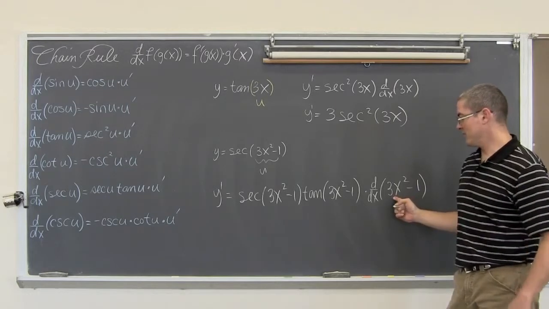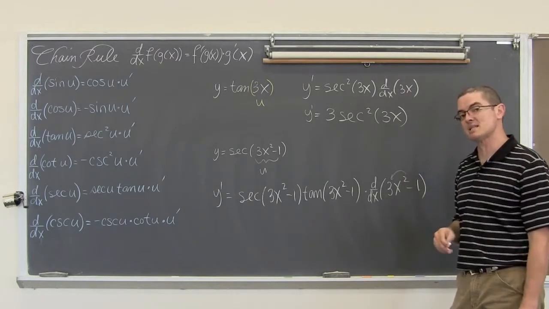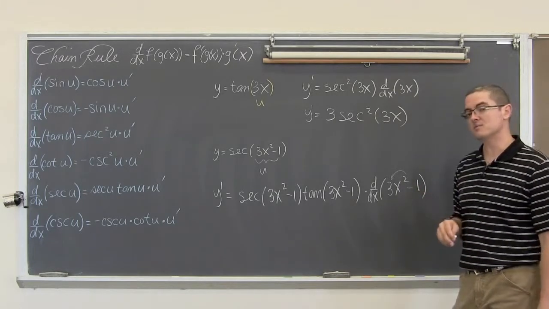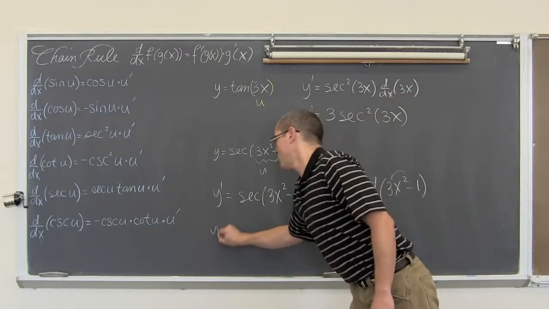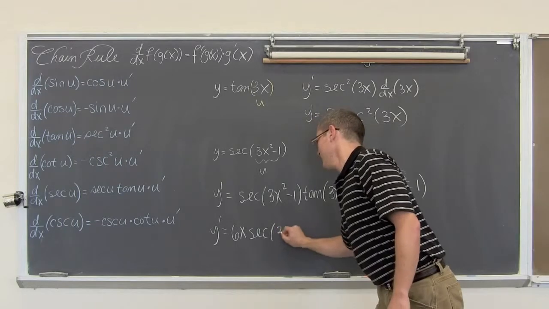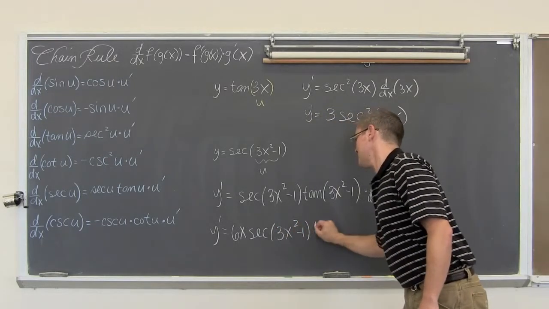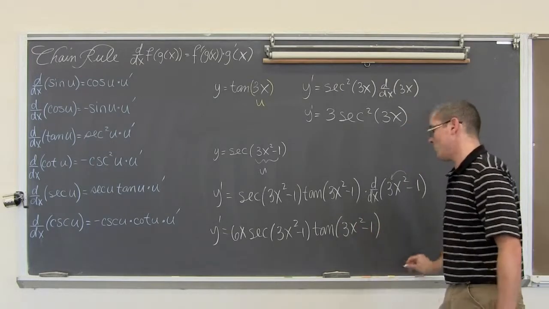The derivative of 3x squared, we apply the power rule and get 6x. This is a constant. I'm going to move that 6x out front, so y prime is equal to 6x secant of 3x squared minus 1 times the tangent of 3x squared minus 1.